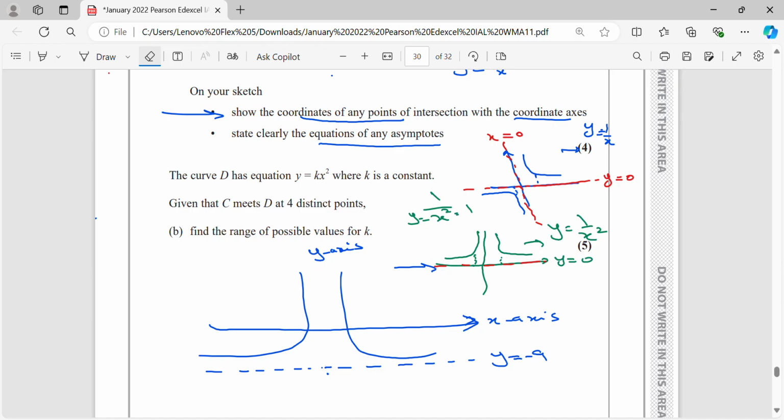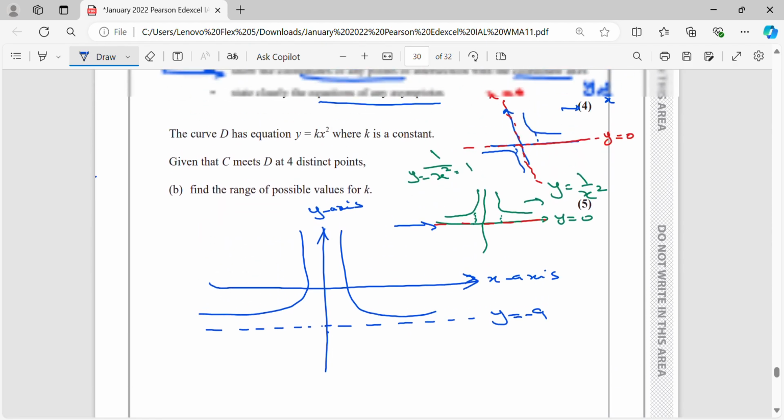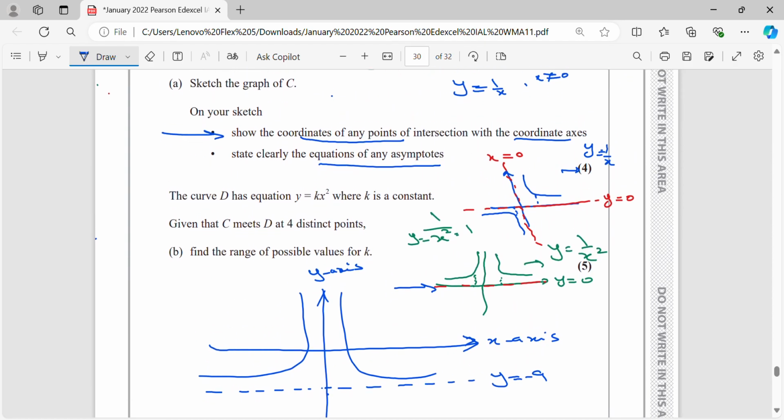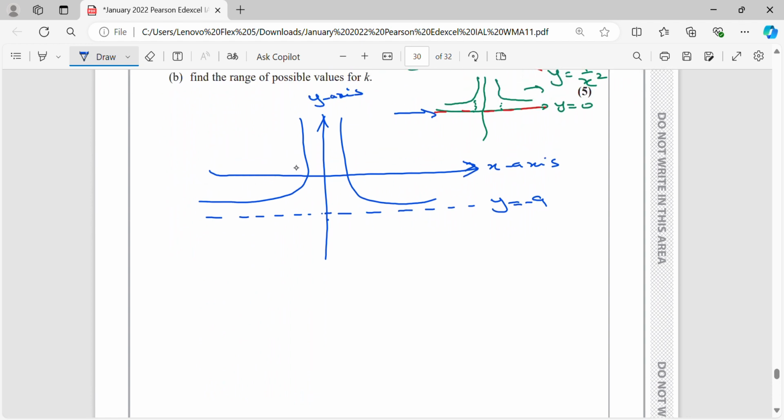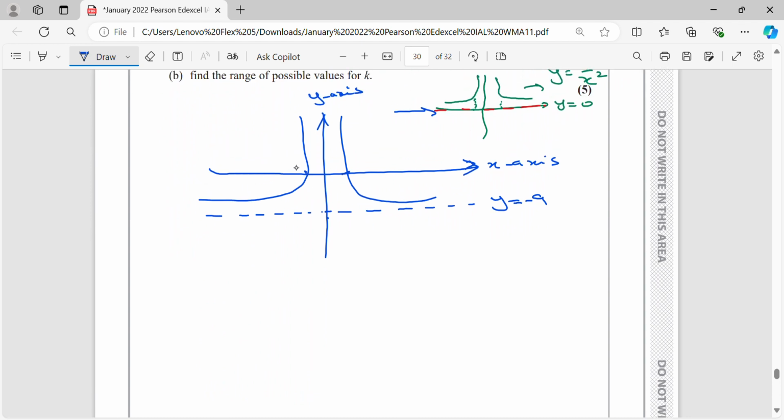Let me redraw it. I need to show the coordinates of any point of intersection. I can see my curve is intersecting at this point and at this point, so let's find the points of intersection.